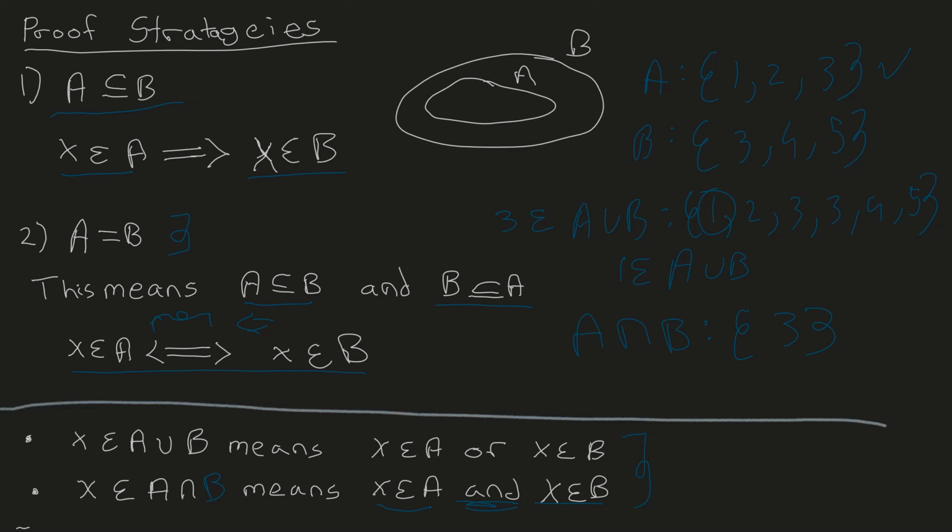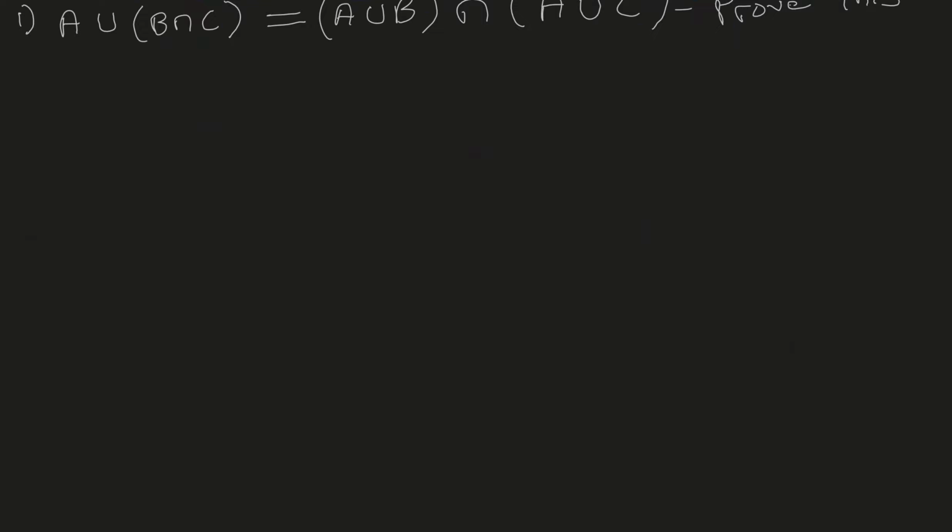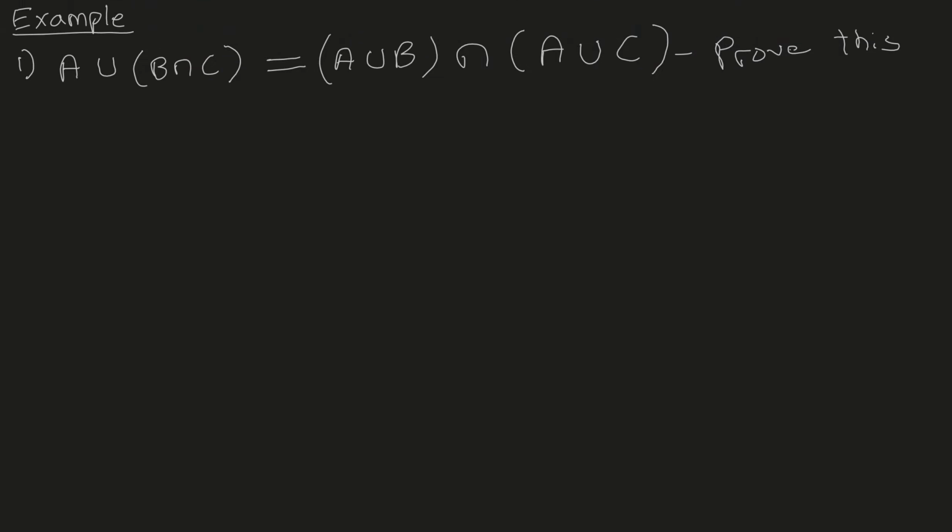So X being part of A intersection B means that 3 is both in A and B. So let's look at some examples to make this less blurry and give you a clear idea of what's happening.